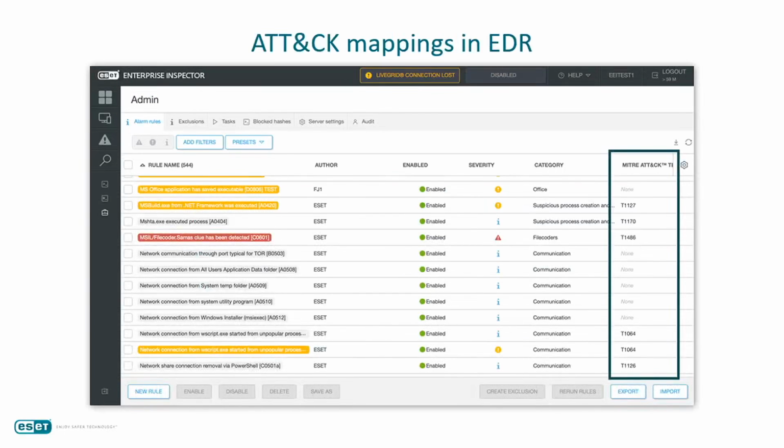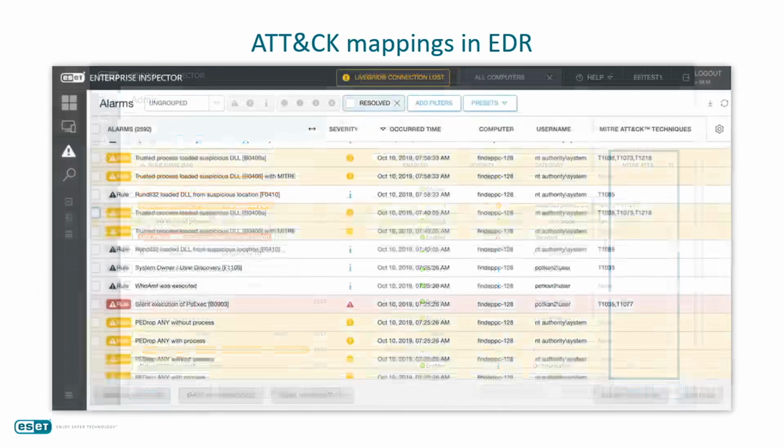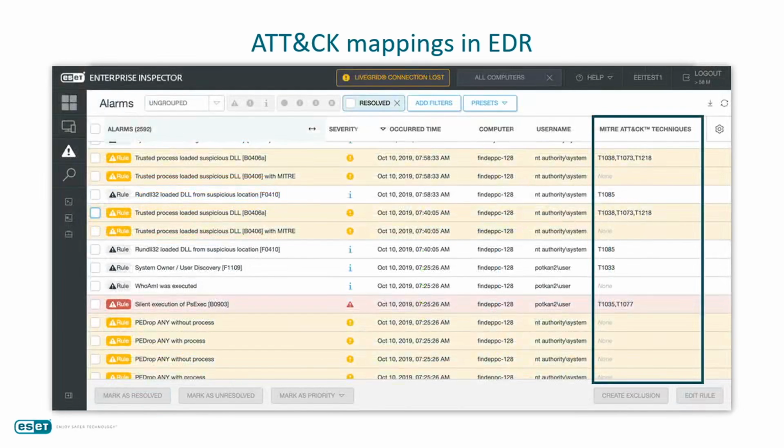Also, for similar reasons and in a similar way, we are mapping ATT&CK in our EDR solution, ESET Enterprise Inspector, whenever that was feasible and possible, because there's a varying level of granularity for that.